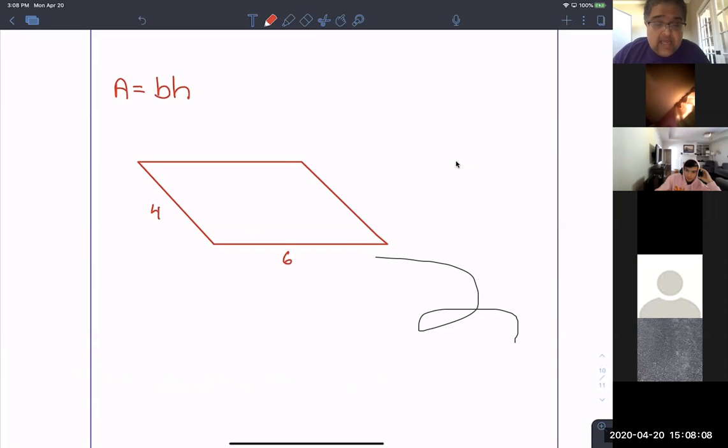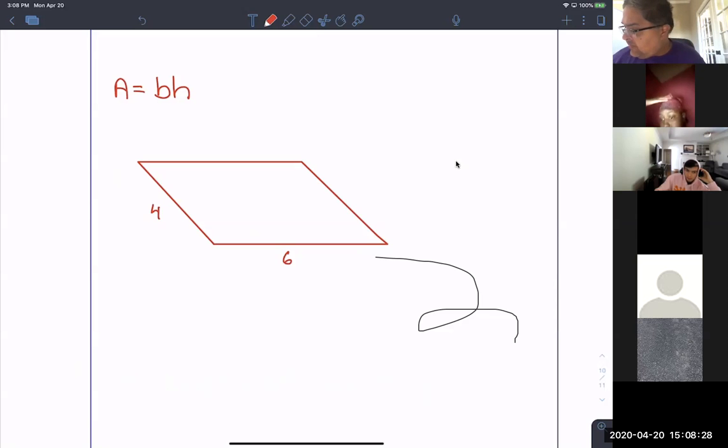Now, there's a problem. You can't say base is 6 and height is 4. Okay. You can't do that. Just like with triangles, the height is a line that is perpendicular, and the base is the line that the height is perpendicular to.